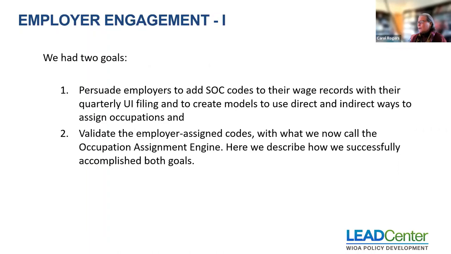So we were able to get to the point where we began this, but we also knew we were going to have to validate it. And we had built, as part of our WDQI round 6 funding, what we call an occupation assignment engine, which is a pretty massive model that we built that essentially can assign directly through public licensing data that we have, through the employer submitted codes, other means, and through indirect means, an occupation to a wage record.